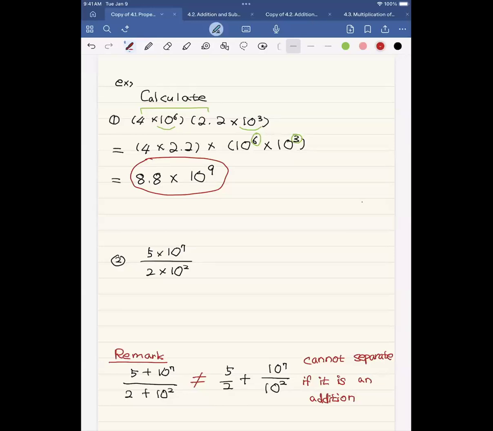The next example is 5 times 10 to the 7th power over 2 times 10 squared. As we did, we will get a number together and 10 to the power of something.